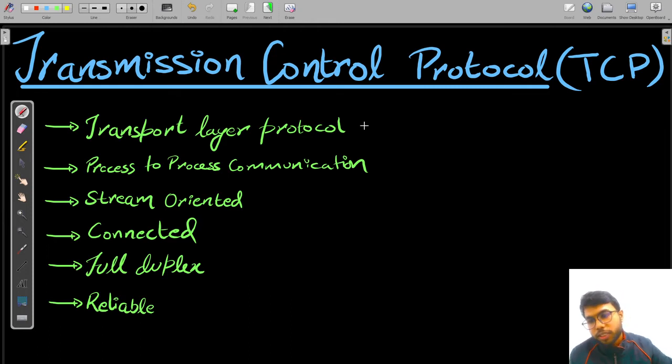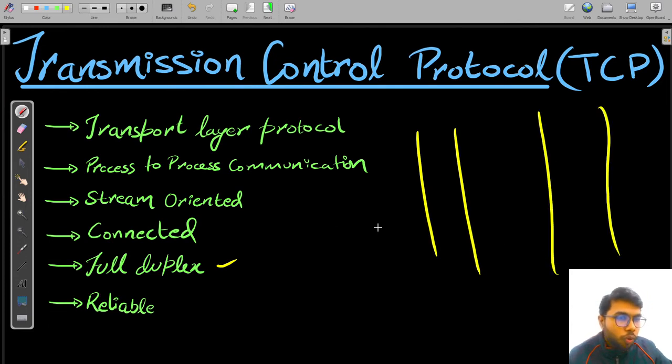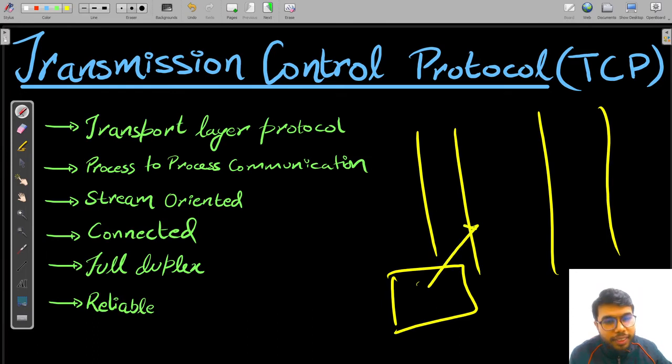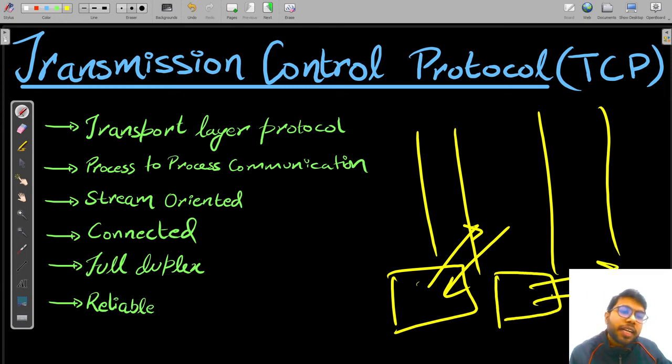Let's talk about this as well. It is full duplex. We have probably studied what duplex is. When we say it is full duplex, it means one guy can send and receive at the exact same time. At a certain point of time, I can be sending data as well as receiving data.